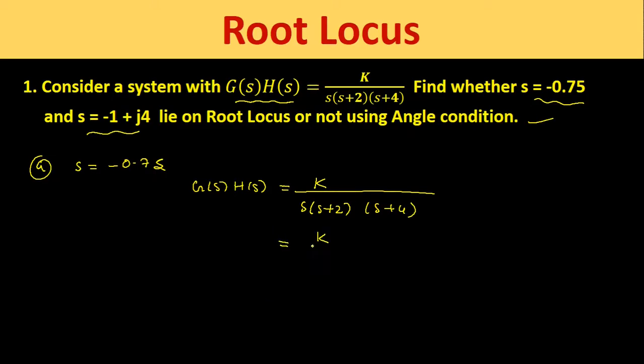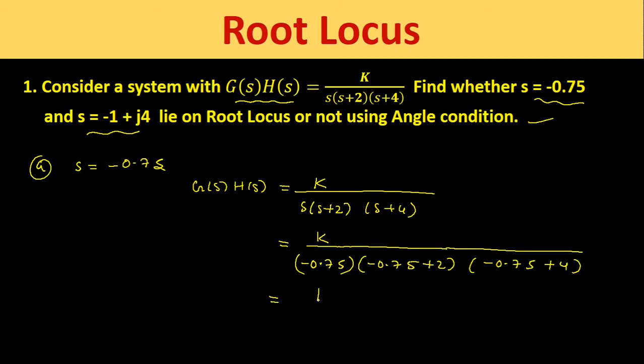We will get K divided by -0.75 into (-0.75 + 2) into (-0.75 + 4). So this will be equal to K divided by -0.75 into 1.25 into 3.25.